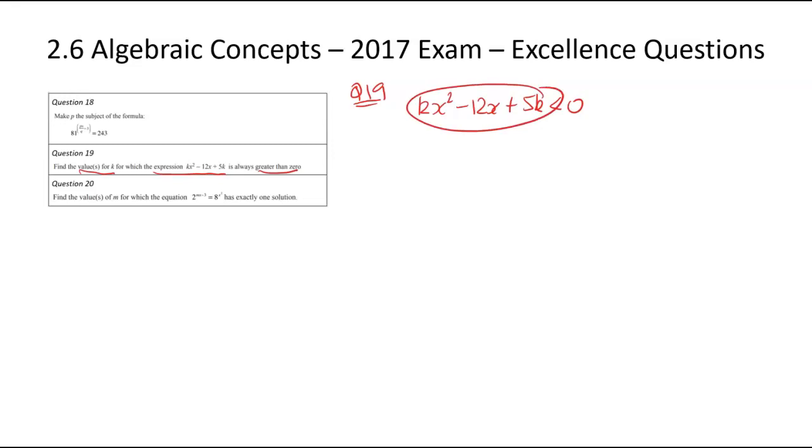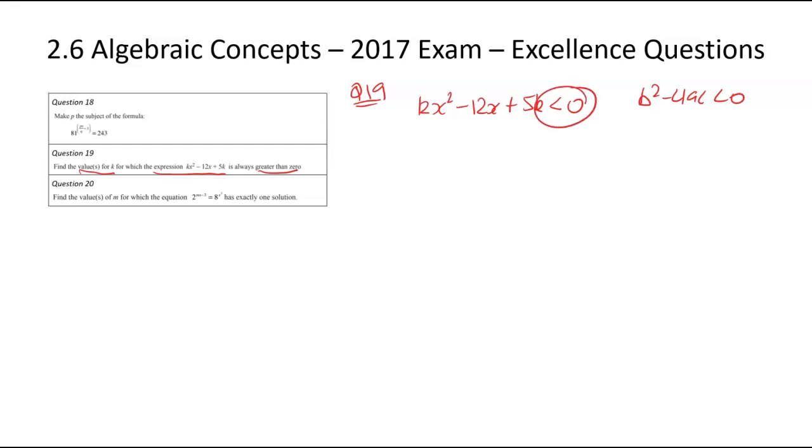To put it simply here, we've got a quadratic. And what we know about quadratics is that the expression will always be greater than 0 when b squared minus 4ac is less than 0.